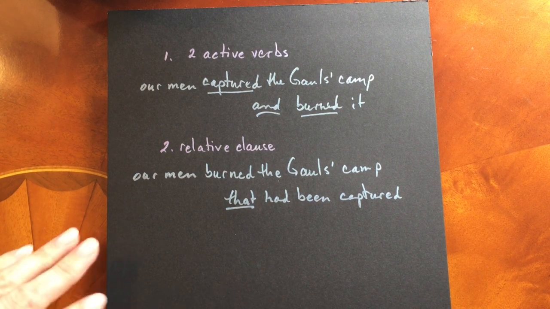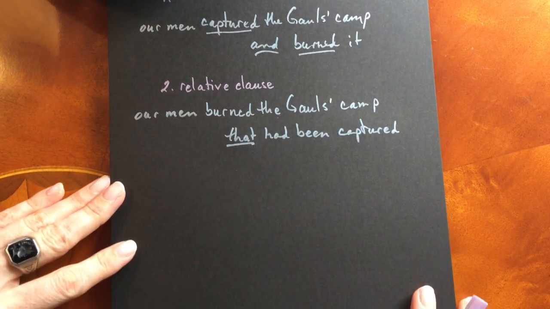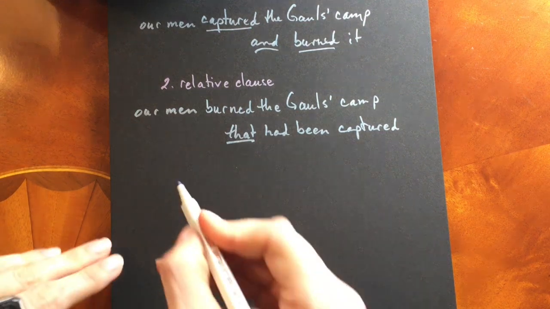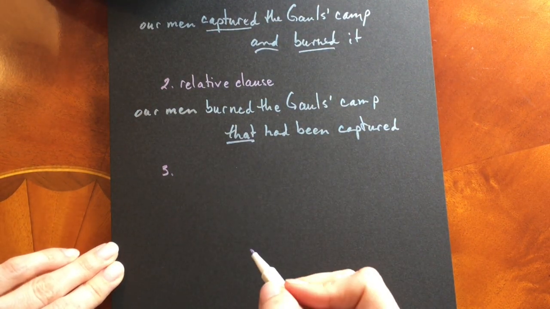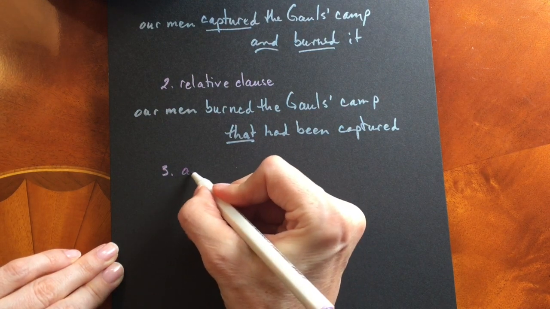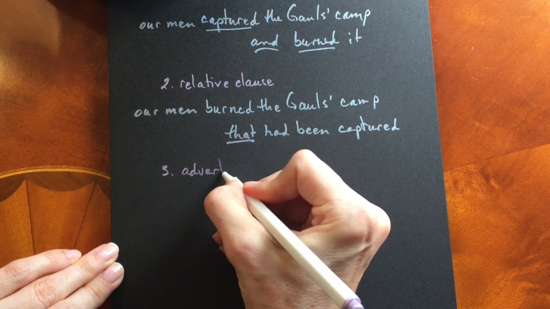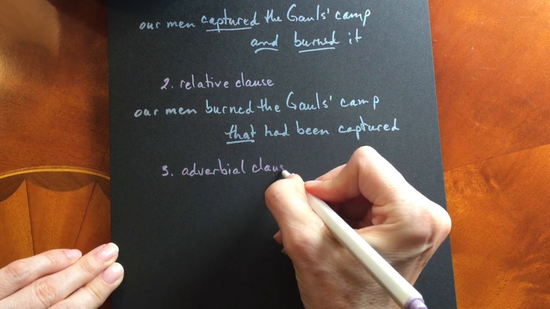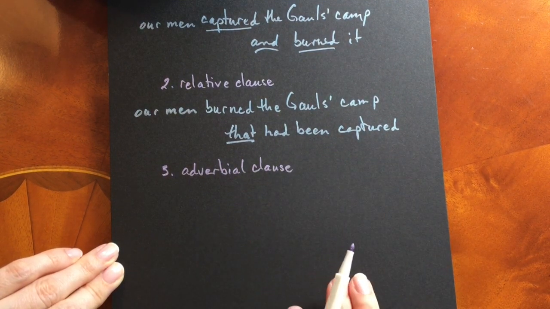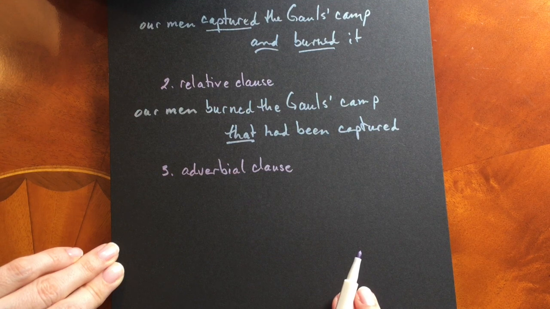A third way we can express this is with an adverbial clause. This will be a subordinate adverbial clause or dependent clause with a subordinate conjunction.